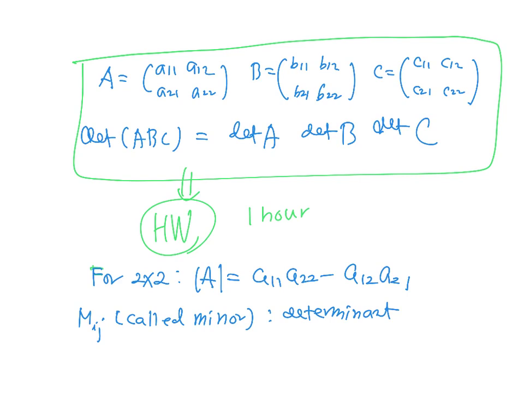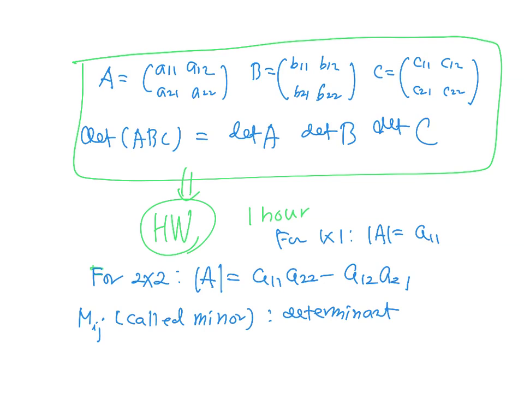And of course, for a 1 by 1 matrix, the determinant of A is simply A. We have only one component, right?